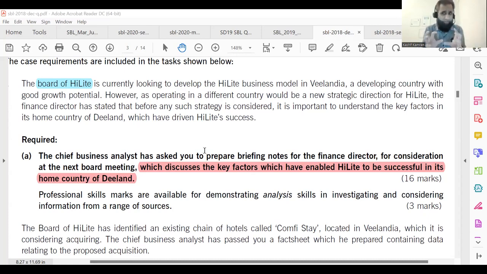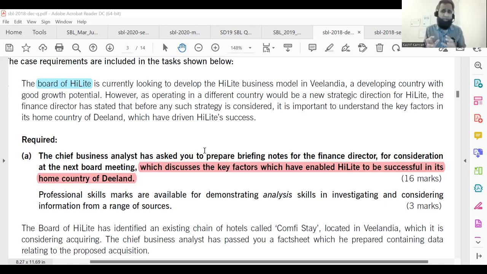Now, one student immediately picks, because the examiner is asking how was Highlight successful in the home country, okay, the home country means the national environment. And he immediately links the national environment of the home country with Porter Diamond. And you believe that there is a national advantage of D-land, which is contributing to the success of Highlight.